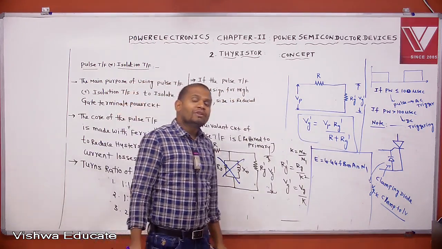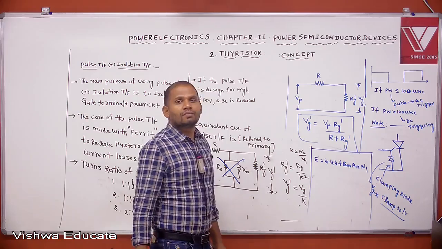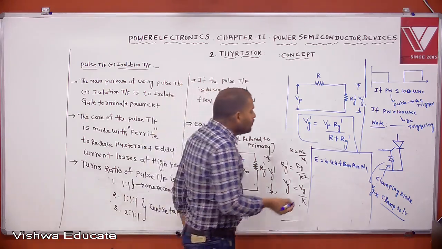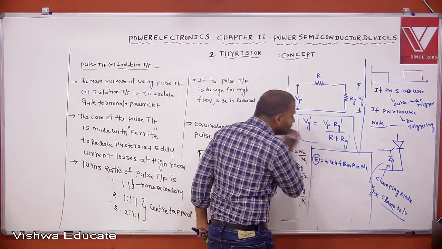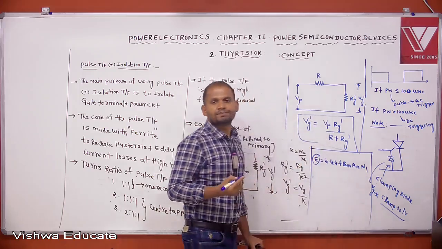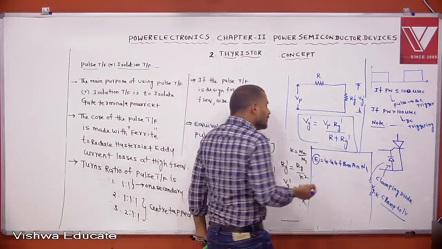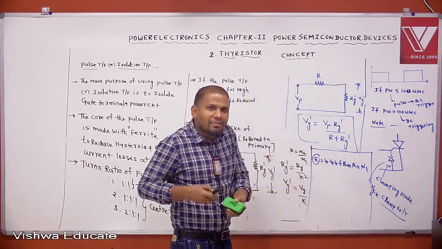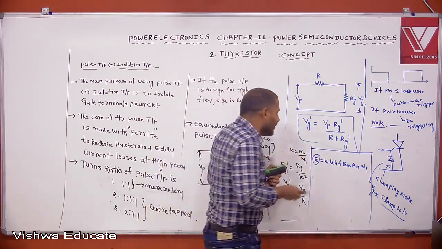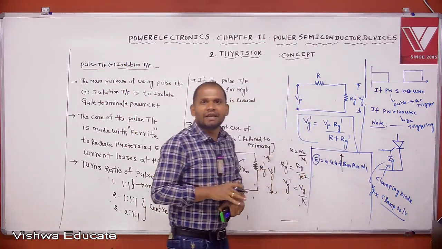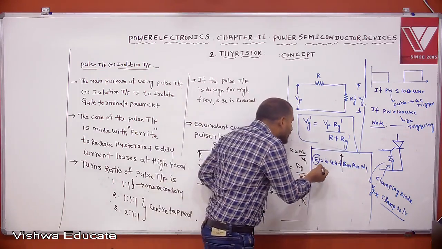Now, without changing any rating, you want to design the transformer for high frequency. Without changing the voltage rating, the same transformer you want to design for high frequency. If the frequency increases, then what happens to the voltage rating?